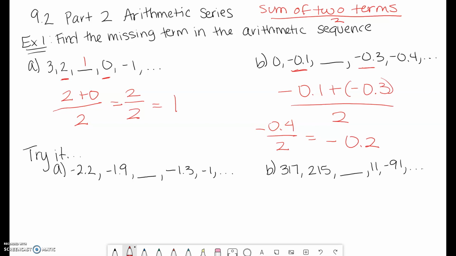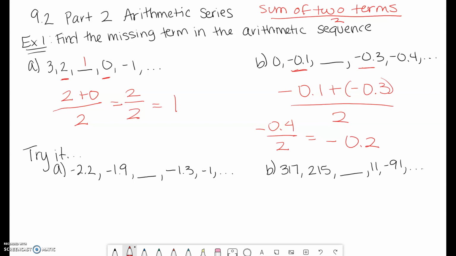And earlier I had mentioned that sometimes you can see what the term should be without doing the math. So here we could see that, oh, that's minus 1. 0 to negative 1, that's minus 1. So I would just minus 1 there. But sometimes it won't be as easy to see the pattern, so we can always use that as well.